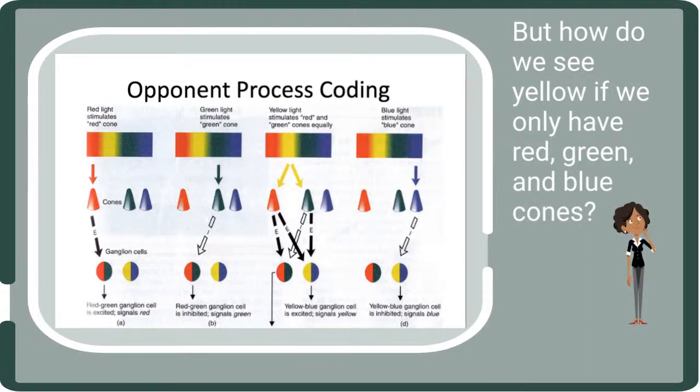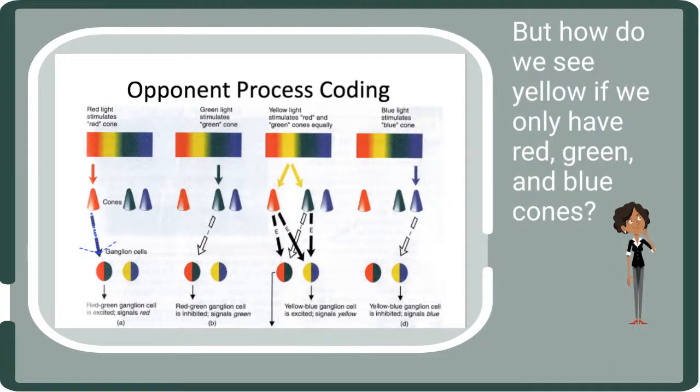But how does this color mixing work between the photoreceptors and the ganglion cells? If we only have red, green, and blue cones, how do we ever perceive colors like yellow? Well, red is easy. Red cones are excitatory on red-green ganglion cells.